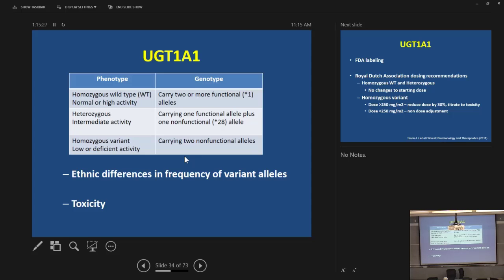Okay. If we look at the heterozygous or the intermediate activity, typically Caucasians are more likely to be intermediate, followed by Asians, followed by Africans. And then the Africans are most likely to be homozygous variant low or deficient. Okay. So there's some ethnic differences here, again, that we may want to think about if we're starting to see overt toxicity in people. It may be related to some kind of drug metabolizing enzyme deficiency.